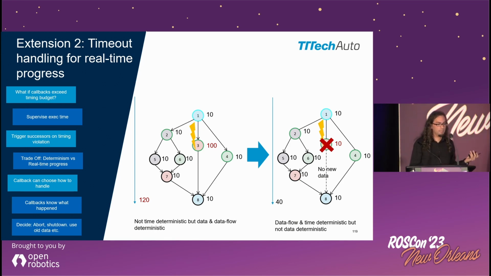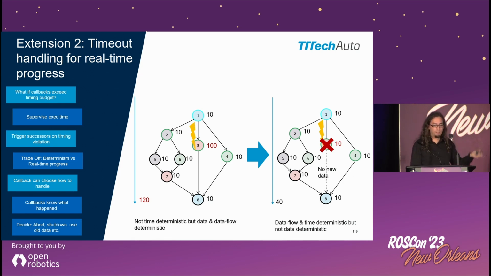So what we do instead is we introduce a timing supervision mechanism, which is set up when you dispatch a callback, and we look at the timing annotation, we say, okay, this callback has 10 time units available, so we will trigger in 10 time units, and check whether this callback has finished or not.